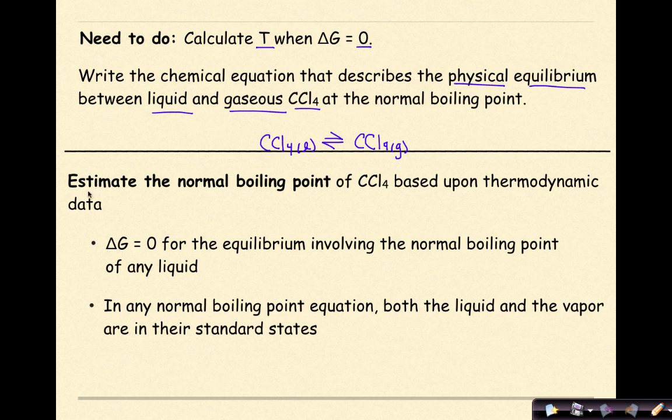So what we're going to do is estimate the normal boiling point of CCl4 based upon thermodynamic data. Now, delta G is equal to 0 for the equilibrium involving the normal boiling point of any liquid. In any normal boiling point equation, both the liquid and the vapor are in their standard states. So that means we're going to be able to go look at thermodynamic data at the standard state.